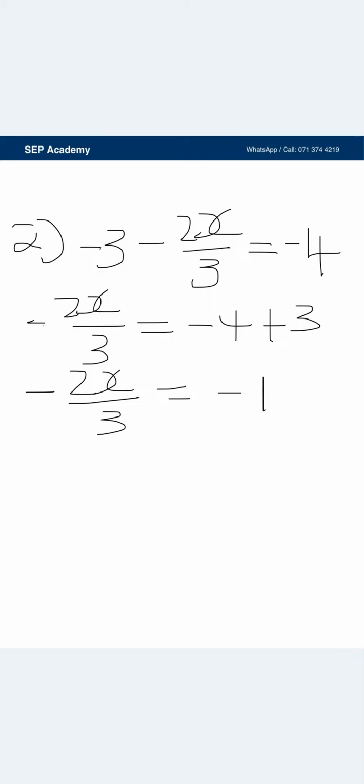Remember, it's always best to punch it on a calculator in case you are not sure. Something very important, remember that when you have negative 2x over 3, it is still the same as negative 2 over 3 times x, which still equals that same thing.